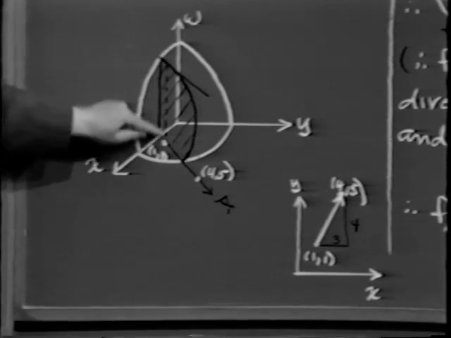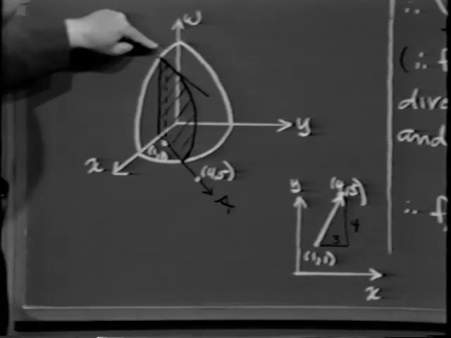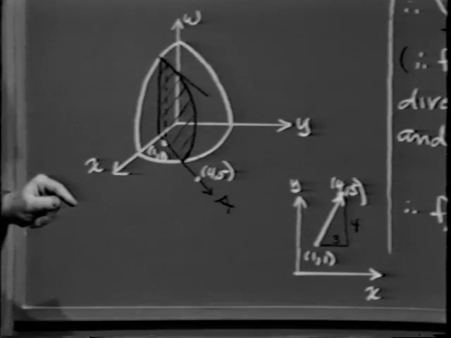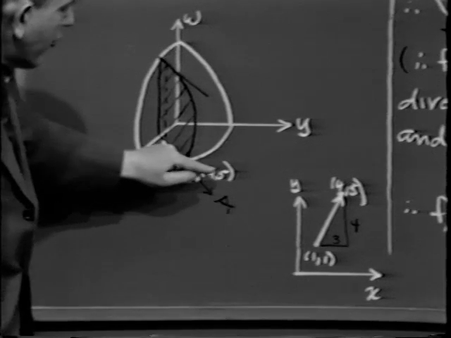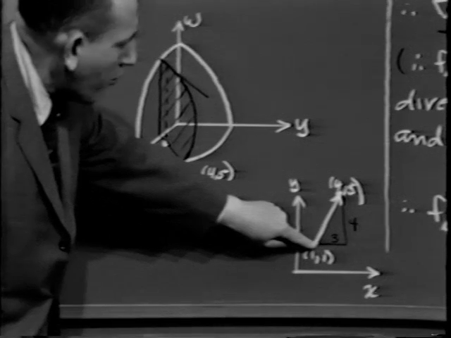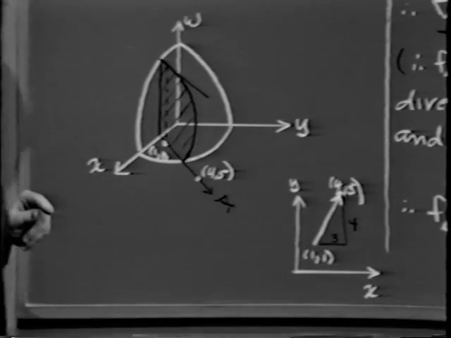We want to see how fast the slope over our head, the w value, is changing in the direction of s1, where s1 is chosen to be what? We're moving from the point 1, 1 in the xy plane to the point 4, 5.